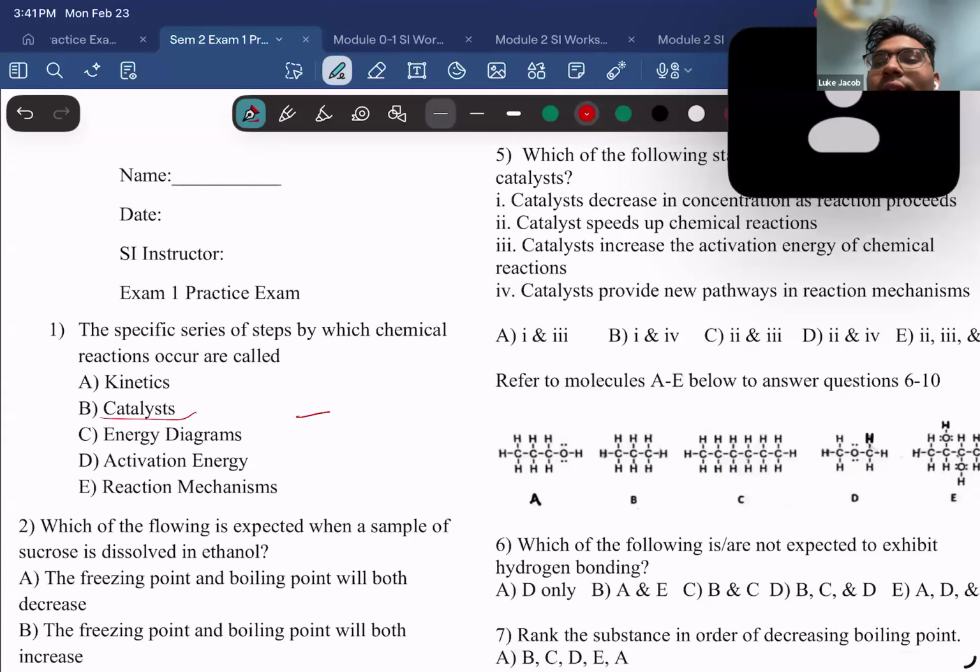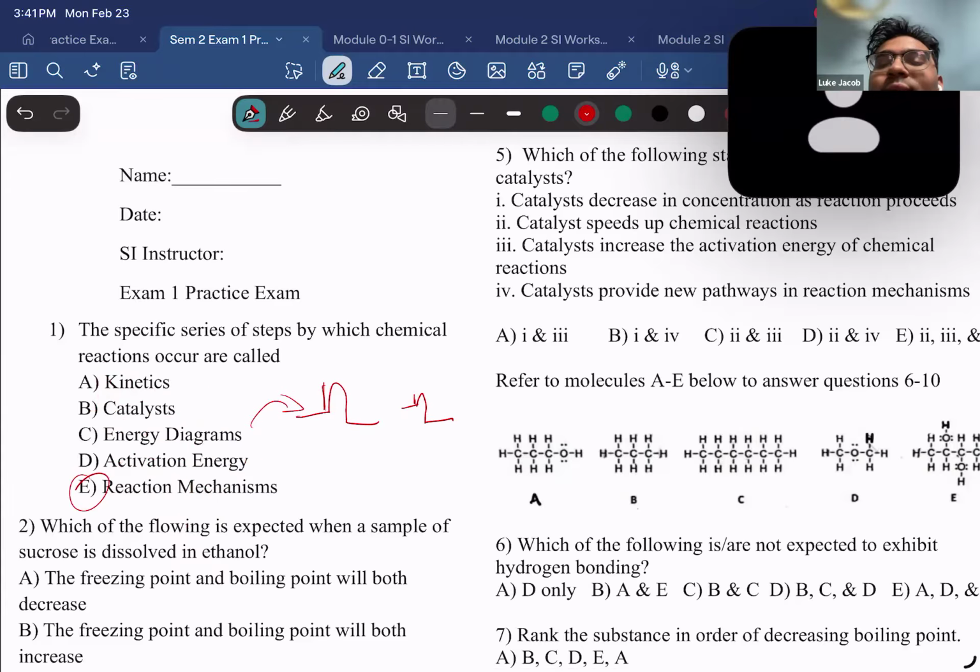With a catalyst, the activation energy decreases, but the reactants and products remain the same. So that's not it. Energy diagrams, this is an energy diagram, so that's not a reaction step. It kind of does show steps, but not really. Activation energy we just talked about. So the answer would be E, reaction mechanisms.